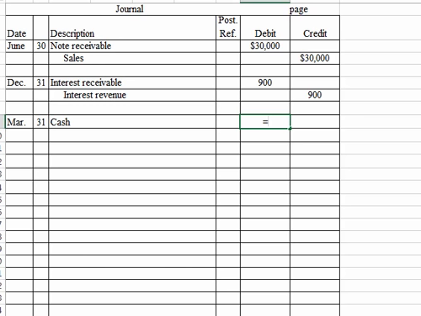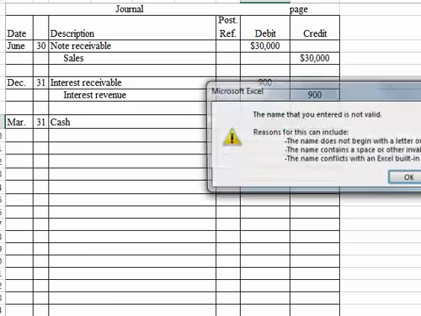Well, they're going to start with the principal amount, $30,000, plus interest, which would be calculated as 30,000 times 6% times 9 months over 12, which is the same as 0.75.